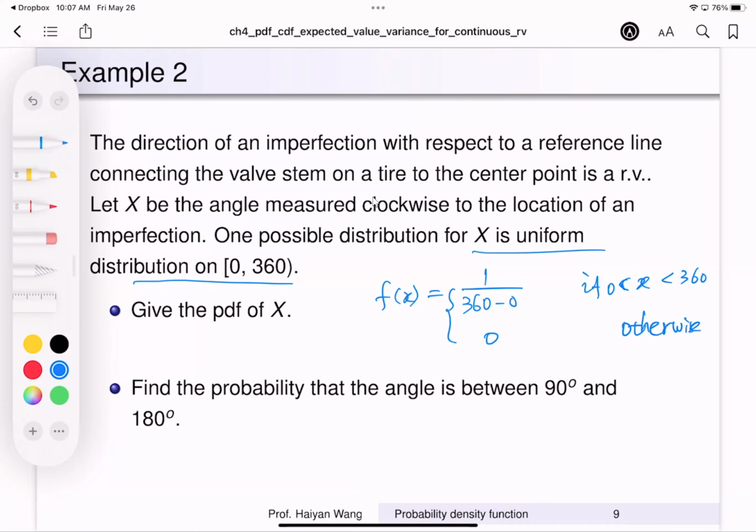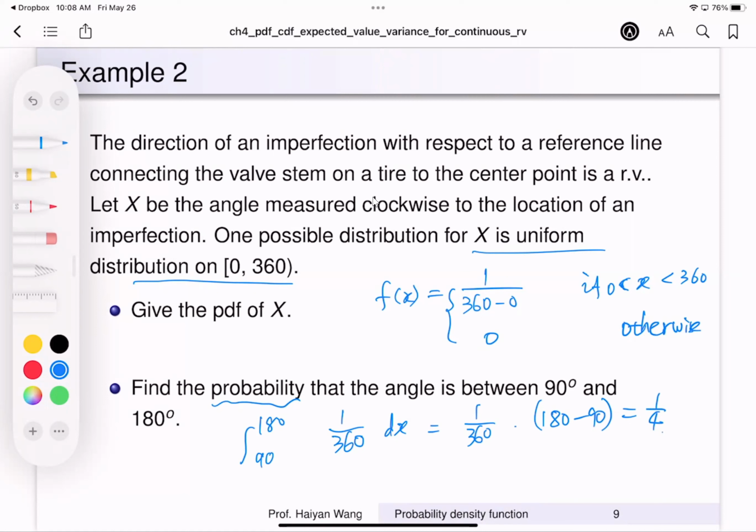The next one: find the probability that the angle is between 90 and 180. Probability, we would always compute with the integral here. So from 90 to 180, we put in the number and the dx. In this case, it's simply this number times 180 minus 90, and that gives us 1 over 4.